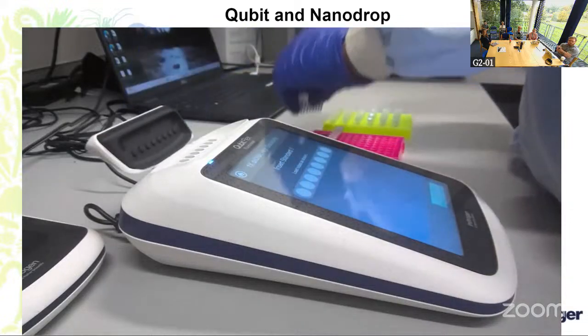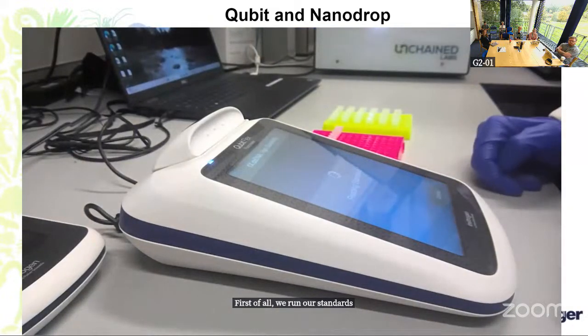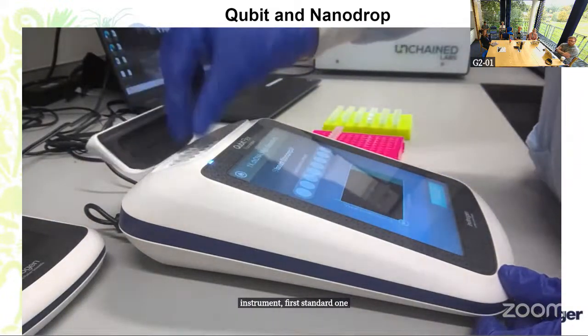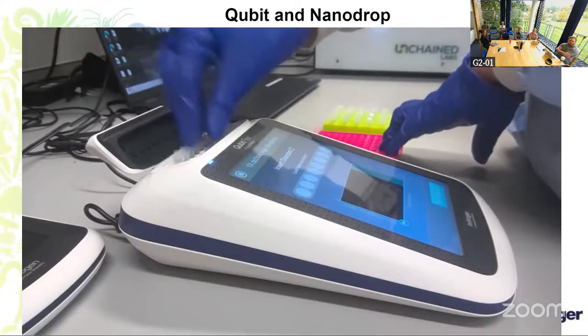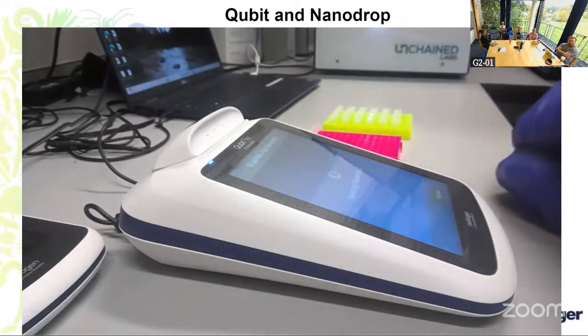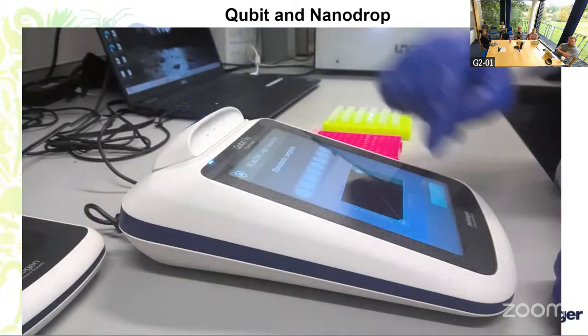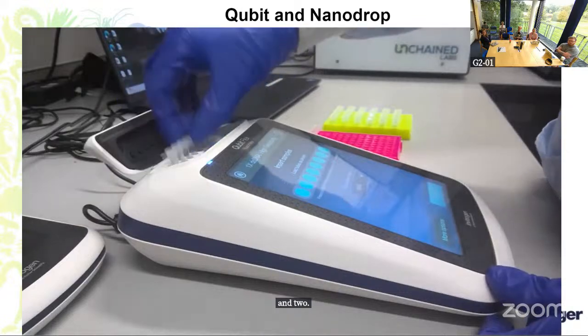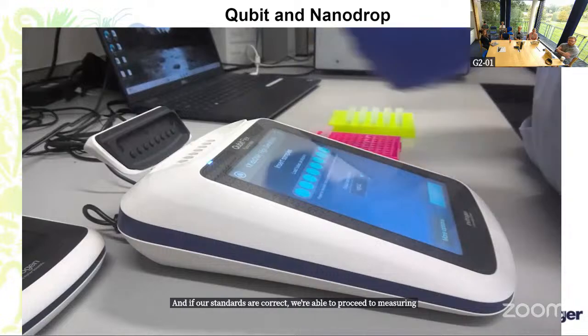So first of all, we run our standards on the instrument, first standard 1, then standard 2. And then if our standards are correct, we're able to proceed to measuring the samples.